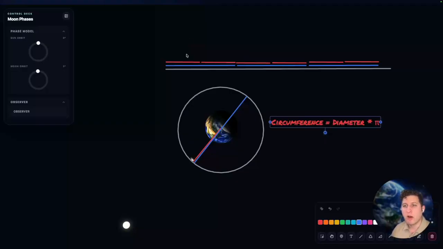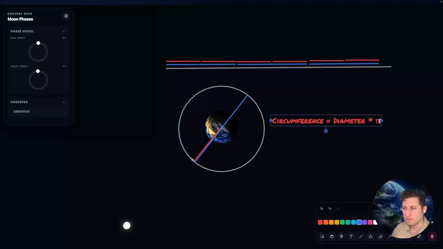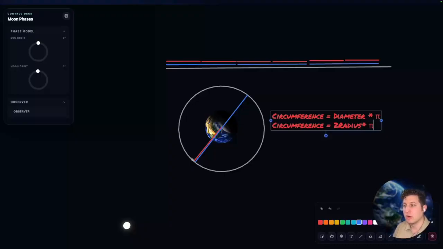Now, there are 2 radii to every diameter, right? So another way to write this formula is that the circumference is equal to 2 radius times pi. 2 radius is equal to the diameter.